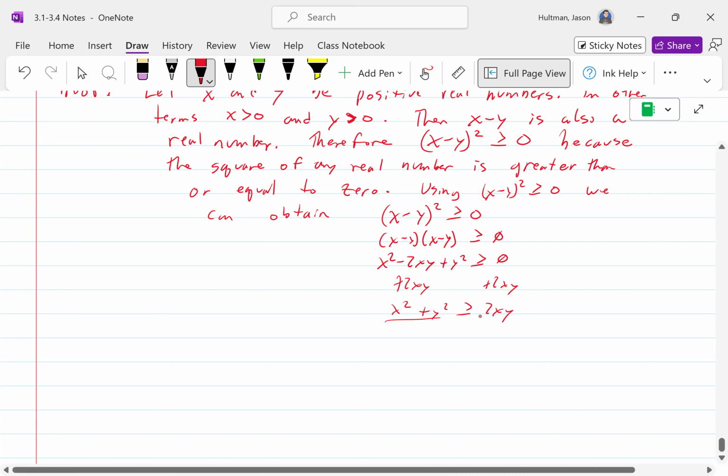Divide both sides by xy, and so we get x squared plus y squared over xy is greater than or equal to 2, since x is positive and y is positive. So I'm going to separate this: x squared over xy plus y squared over xy is greater than or equal to 2.